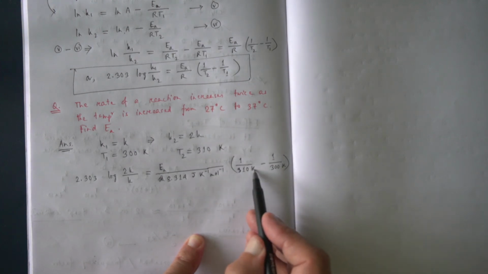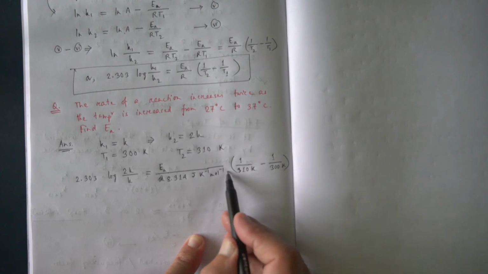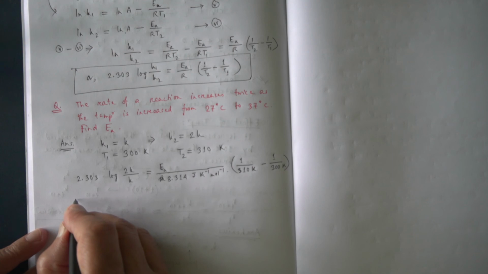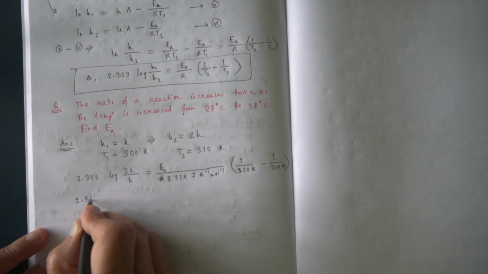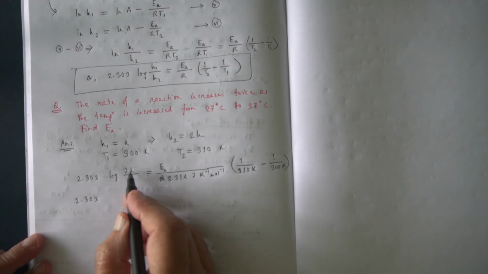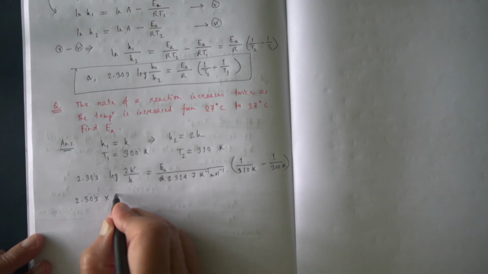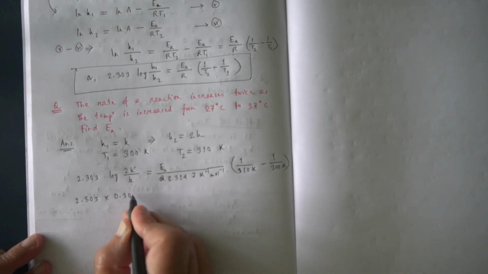Okay, I can take Kelvin common, so Kelvin will cancel. So what do we get? 2.303 log 2, log 2 equal to 0.301.